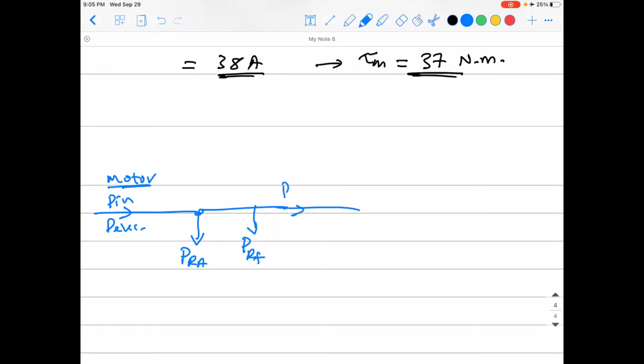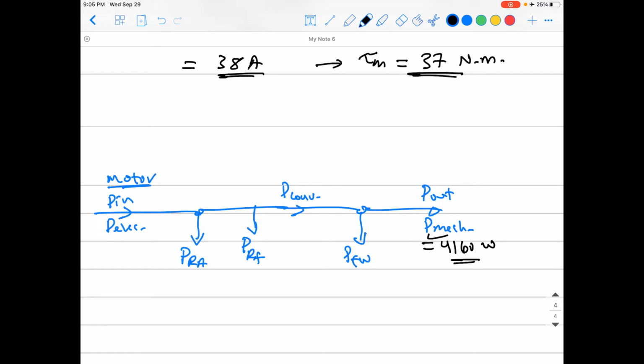The rest here will be your converted power. It will be converted to mechanical, but you should lose some of it at friction and windage losses, mechanical losses, and the rest is your output power, which is now a mechanical power. Okay guys, what is given for us now? He's giving you this mechanical power value, which is 4,160 watts.